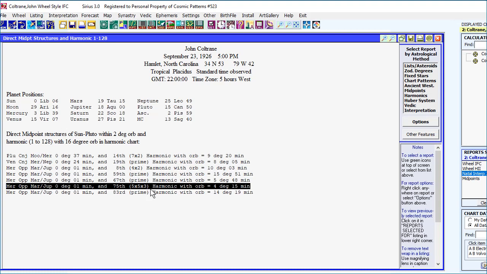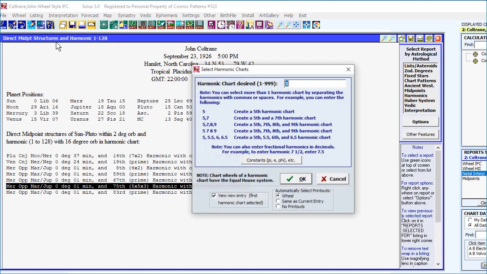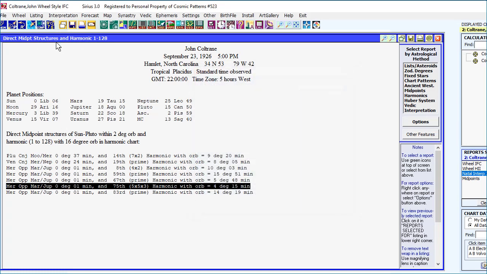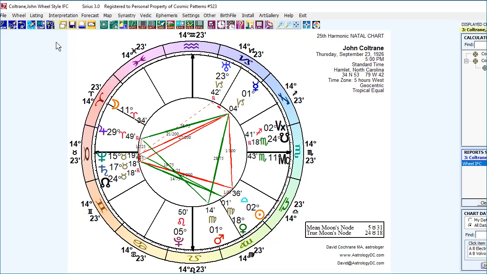So now what we do is we can look at John Coltrane's 25 vibration chart to understand his Mercury, Mars, Jupiter configuration better. We want to understand the powerful configurations in this person who influenced us. So let's pull up his 25 vibration chart. Again, if you're familiar with vibrational astrology, everything I'm saying is standard basic vibrational astrology, and there's the grand trine.